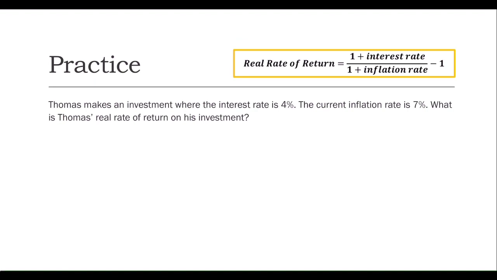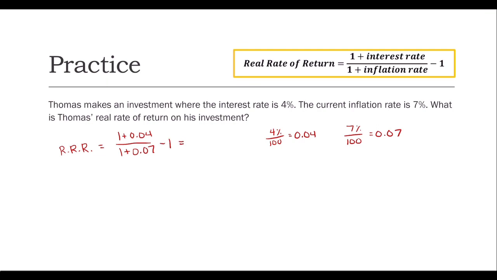So our real rate of return equals 1 plus our interest rate. It's 4%, and when we turn that into a decimal, we get 0.04. So we'll add 0.04 over 1 plus our inflation rate, which is 7% divided by 100, or 0.07, minus 1.